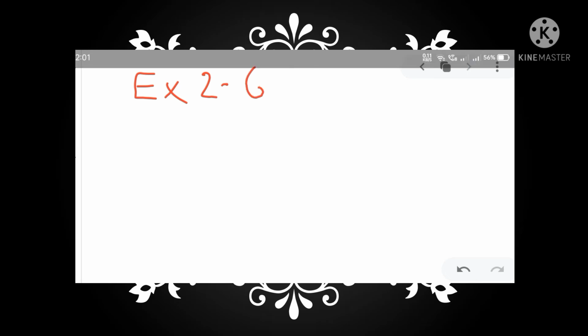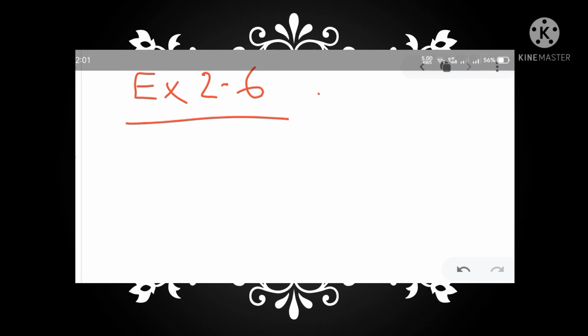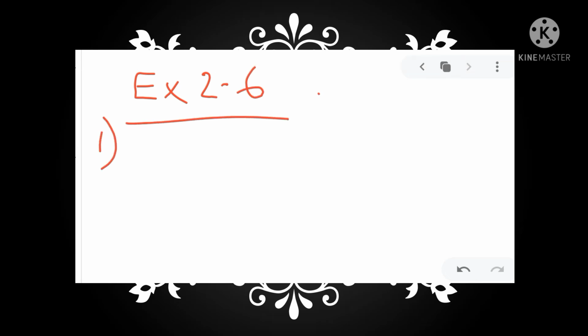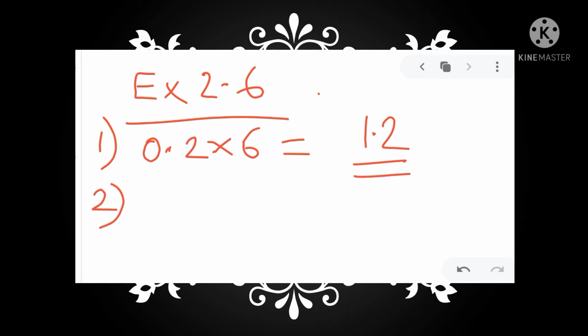Then let us look into exercise 2.6. Question number 1, 0.2 into 6. Here we want to find 2 6s are 12. The first number contains 1 decimal place, so we want to write 1.2. Second one, 8 into 4.6.